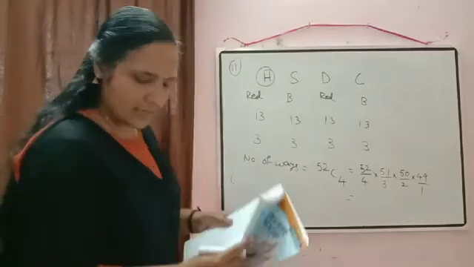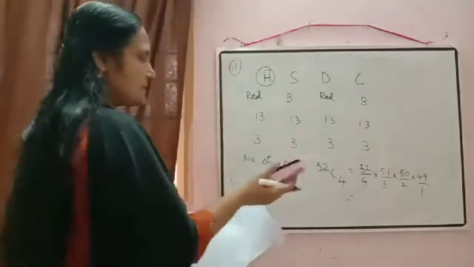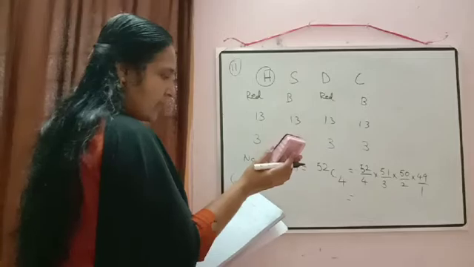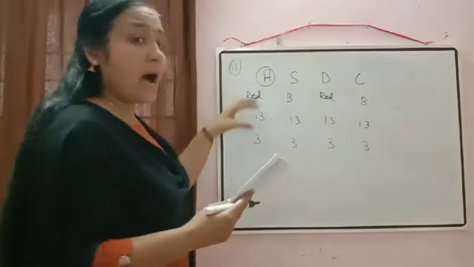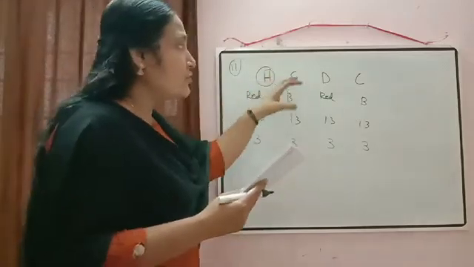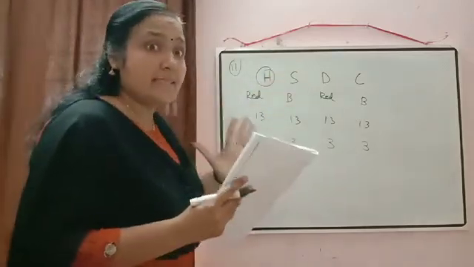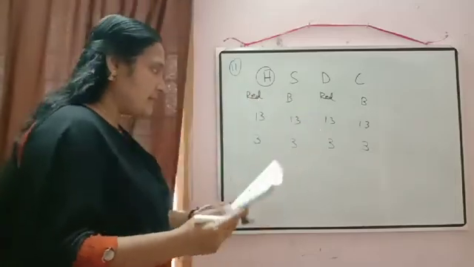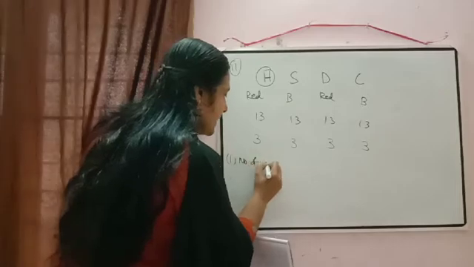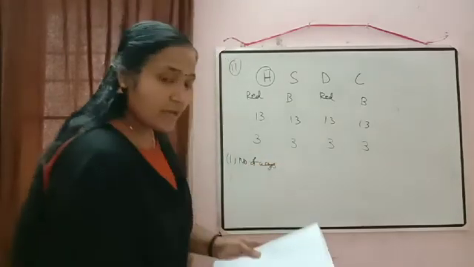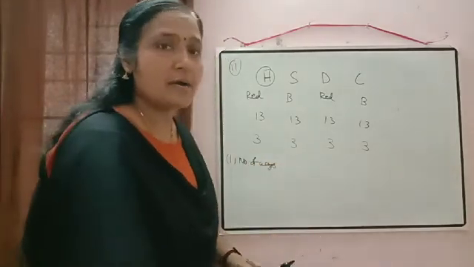Now here the first condition which is given: 4 cards are of the same suit. Means either all 4 cards should be of heart only, or spade only. That is the condition given there. So in that case, what will be the number of ways of selecting cards? Now we are not selecting from 52 cards.